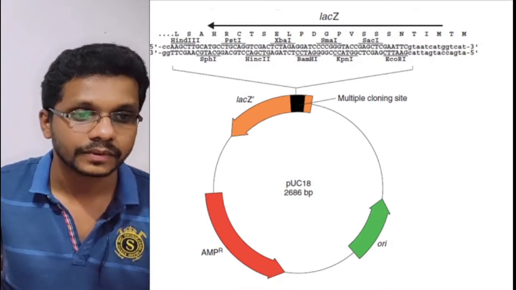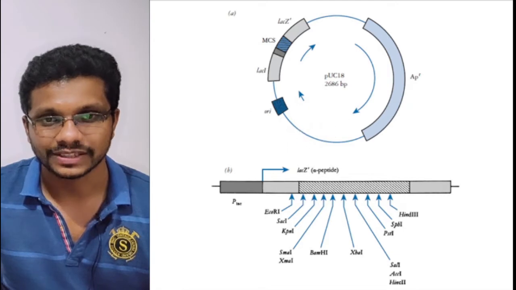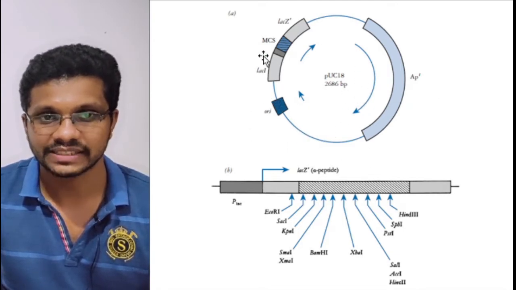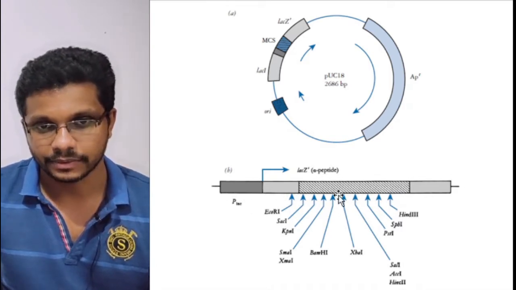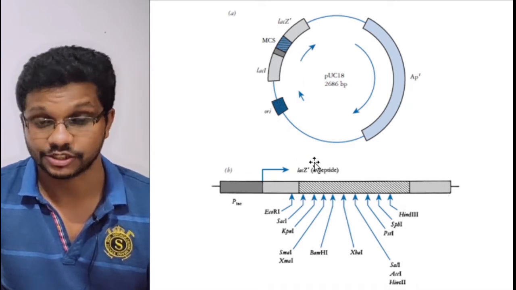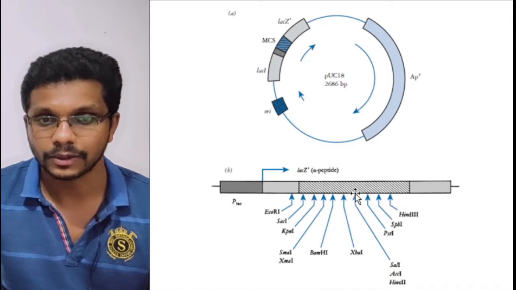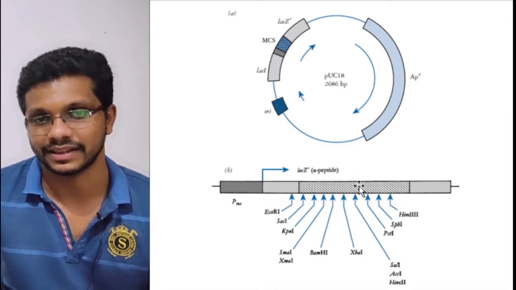Okay. So here you can see in more detail the same figure in different colors: the ampicillin resistance gene, the origin of replication, then the lacZ' gene. Inside the lacZ' gene, we have the multiple cloning site, and this is a magnified representation of the lacZ' gene and the multiple cloning site. All the restriction enzyme recognition sites are packed into this particular region.